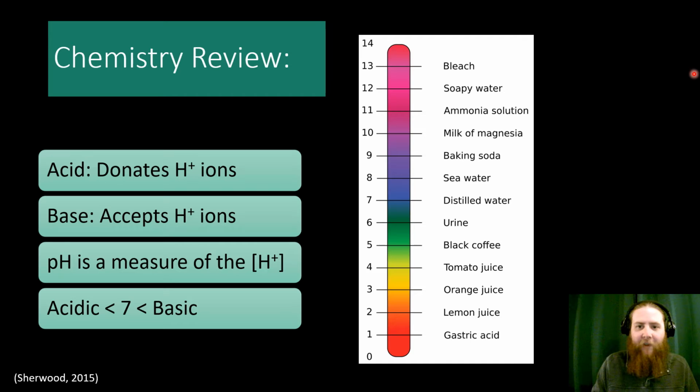Above 7 are things that are basic, like baking soda, ammonia, bleach, and even soapy water from regular dish soap is further up. Now, acids are going to have a higher amount of hydrogen and bases are going to have a lower amount of hydrogen. And that's important moving forward.